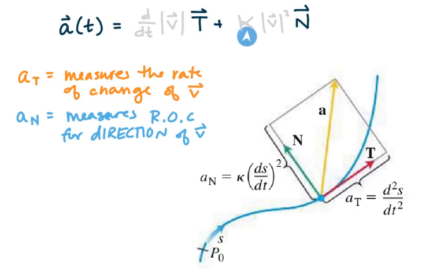Now, finding kappa is kind of labor intensive because we need to know V, the magnitude of V, T, the derivative of T, and then also the magnitude of that derivative. So we've got to calculate 5 things in order to find kappa.